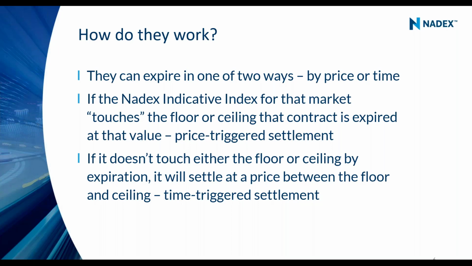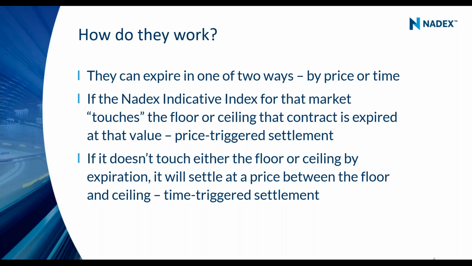And if that were to occur, my profit or loss on my trade would be the difference between where I bought or sold it and where it settled. So if I bought a knockout and it went higher but did not touch the ceiling, but it gets triggered by time, I would experience a partial profit.